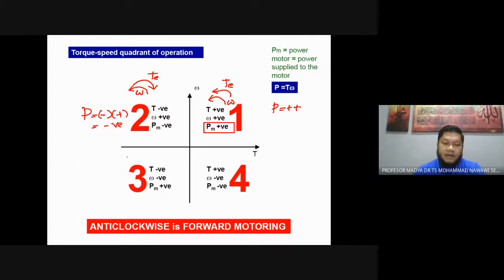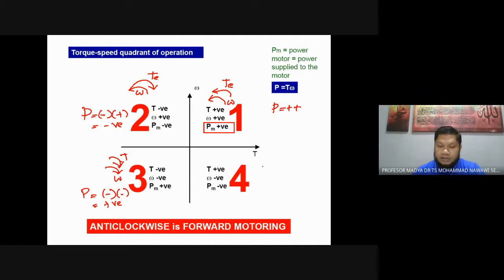Similarly here, we have negative torque and negative omega. Therefore, power equals negative multiplied by negative, so we have a positive power. In the fourth quadrant, you have the opposite.